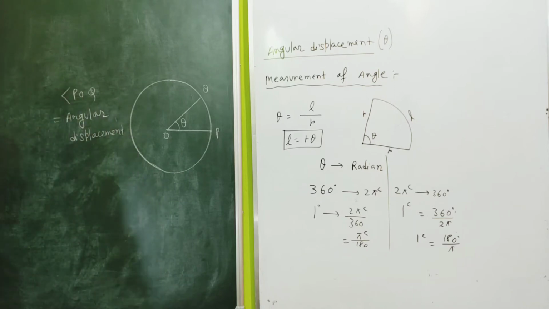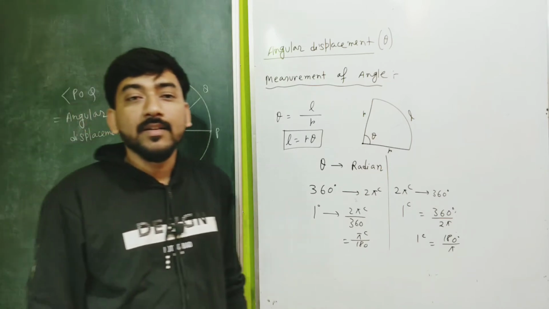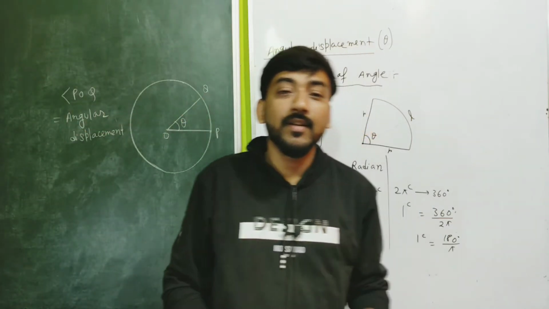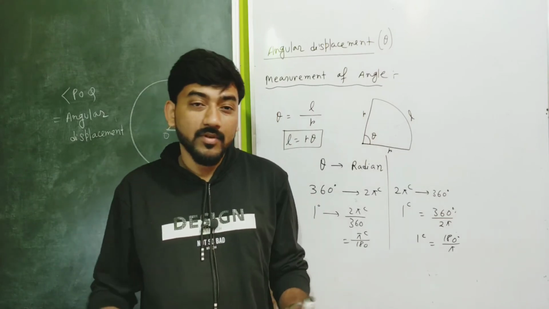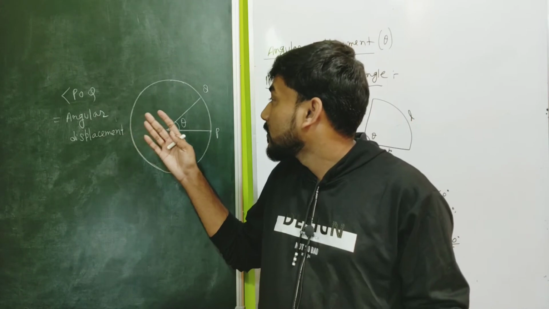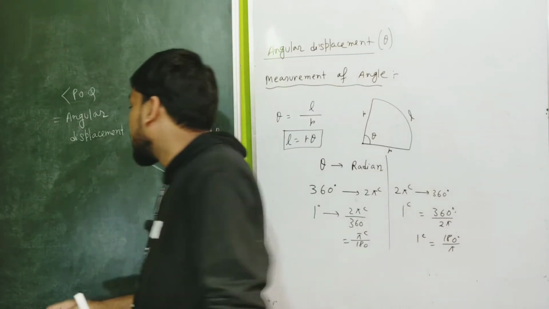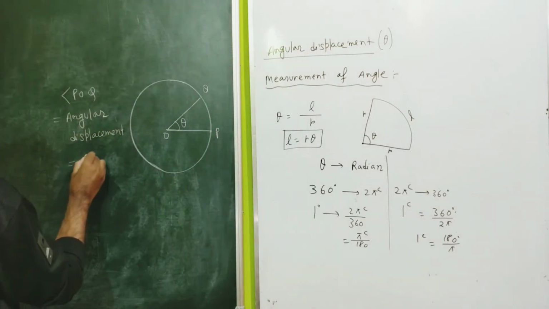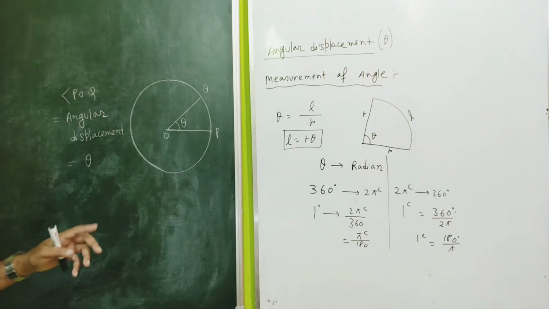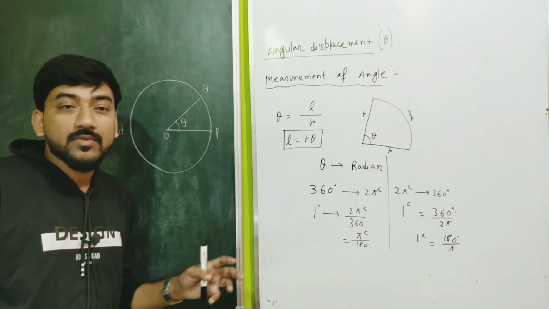Okay, now the big question is: is theta a scalar or a vector? This is a very interesting and difficult question for the student, whether this angular displacement theta is a vector quantity or a scalar quantity. There is huge confusion among the students.